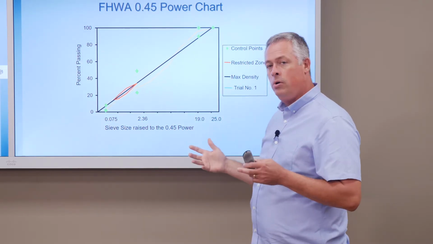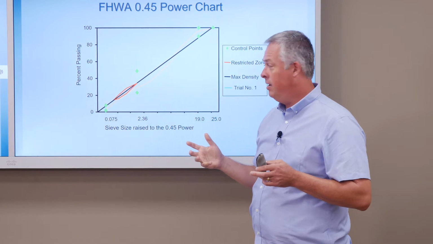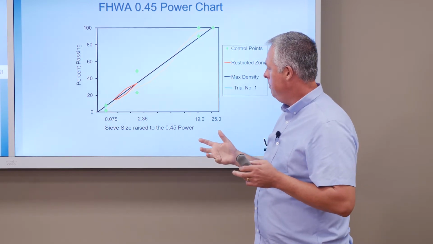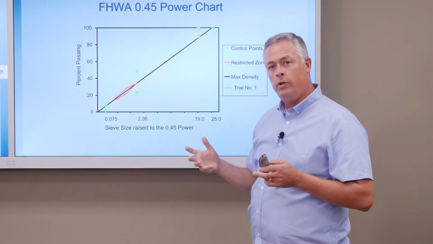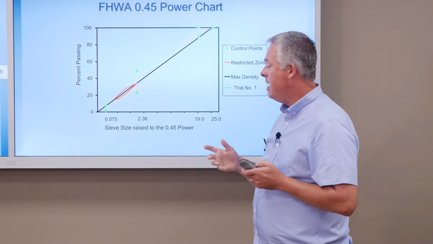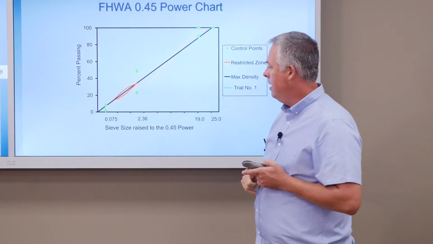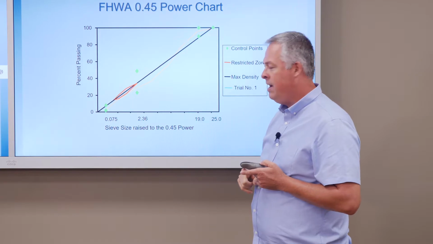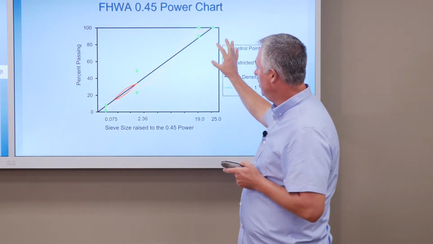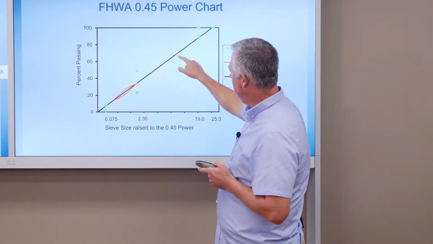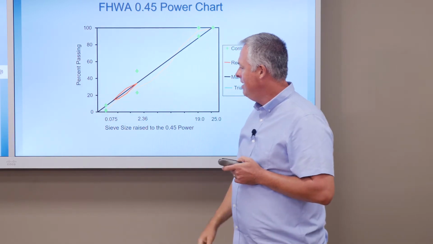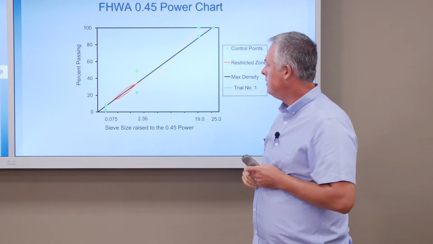If that were true, you could potentially have a mixture of materials that's almost fluid, with not a lot of void space in it, and it could have a lot of rut potential. So when an engineer sees a mix running right along that line, that's going to probably throw up some red flags.